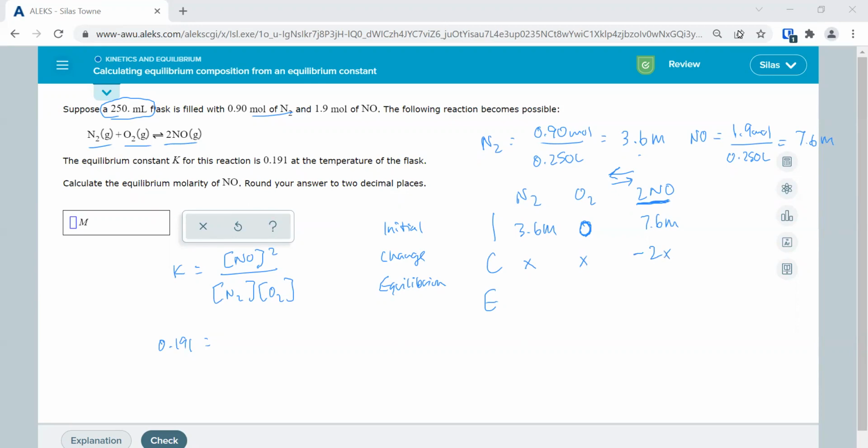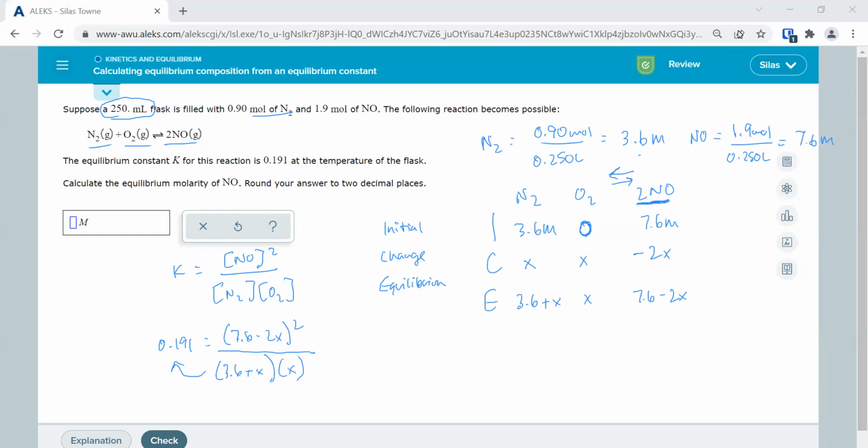And so now I can see what my numbers are at equilibrium. I got 3.6 plus X. Here I have X for O2, and here I have 7.6 minus 2X. Those will be my concentrations. So actually I can plug those in now. So here I have 7.6 minus 2X squared over 3.6 plus X times X. Now I'm going to bring this side up over here.